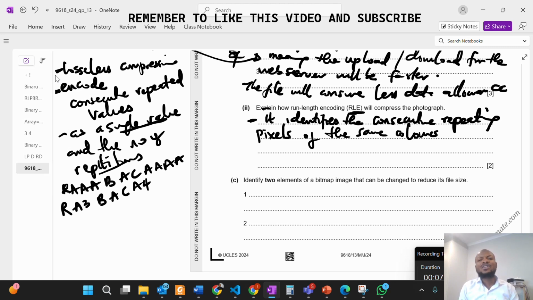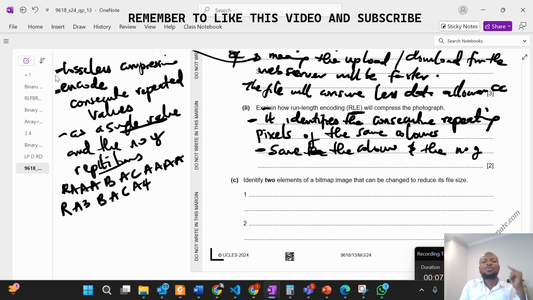So it identifies the consecutive repeating pixels of the same color. Then each color is saved as a single value, along with the number of times it repeats.